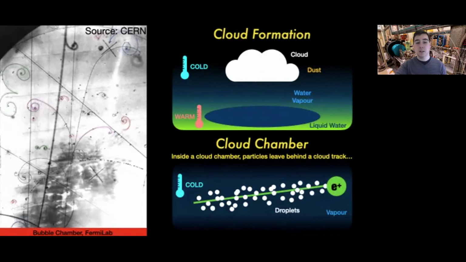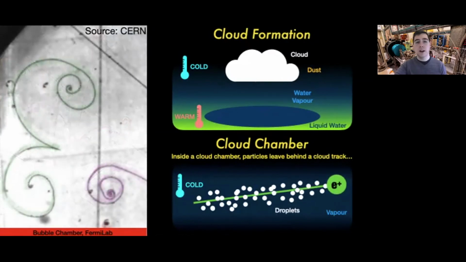And in this image to the left, you can see some of these particle tracks inside a bubble chamber, which works in a very similar way. If we zoom into these green swirls, this can be explained by the production of an electron and positron, the reverse of annihilation.